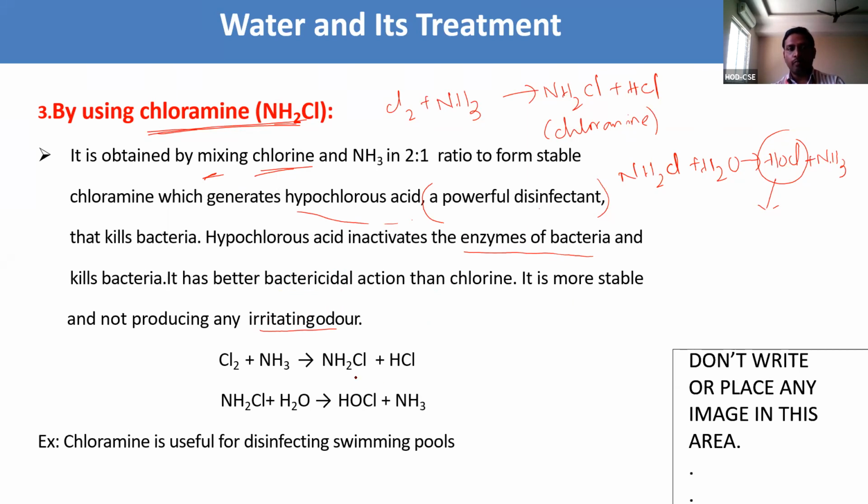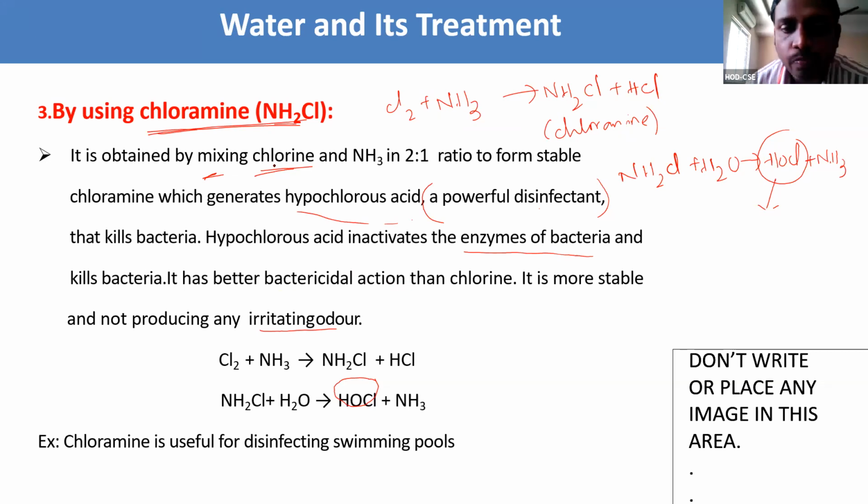Chloramine is commonly useful for disinfecting swimming pools. In swimming pools we can use chloramines, for sterilizing the water.